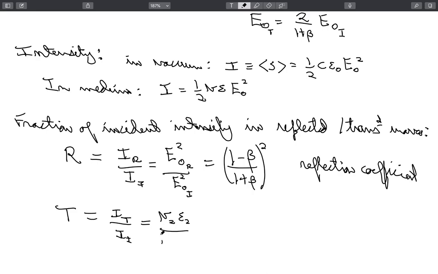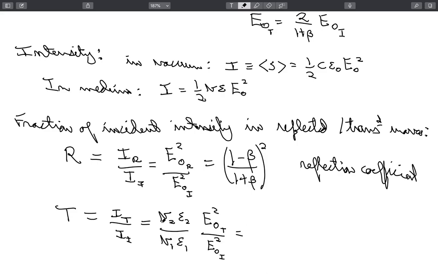In the incident, it's in medium 1, so V1 epsilon 1, with then the amplitudes of the fields, so there's a T squared, E0 incident squared. If I replace V by its value, 1 over the square root of mu epsilon in that medium, I can change this factor.